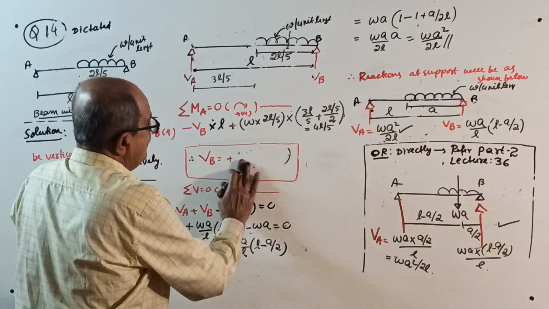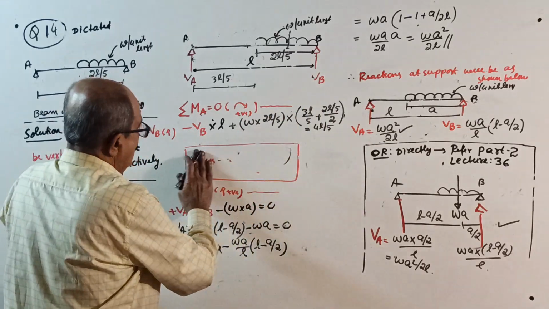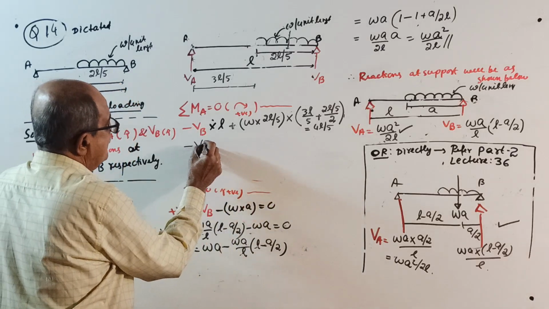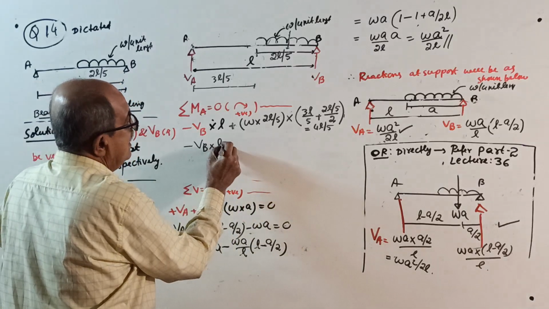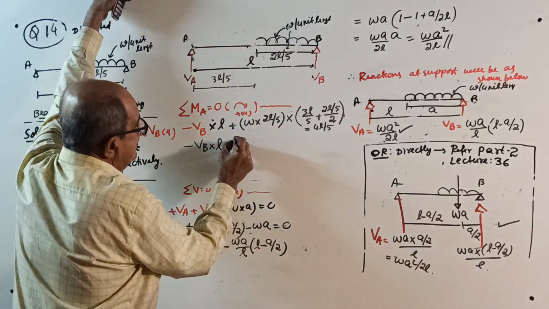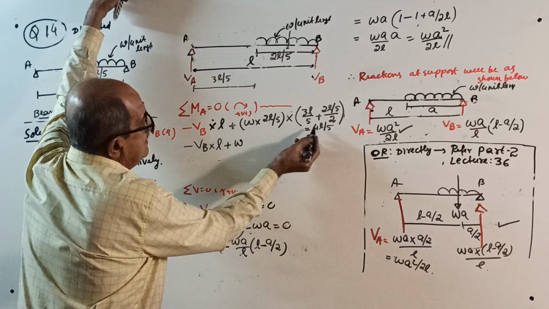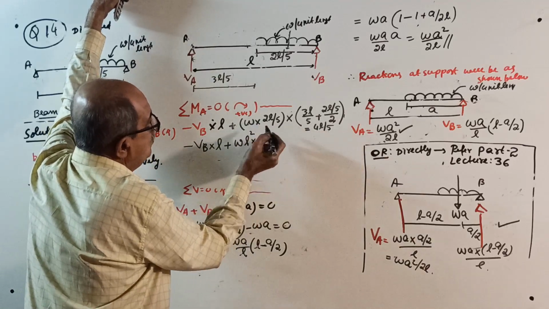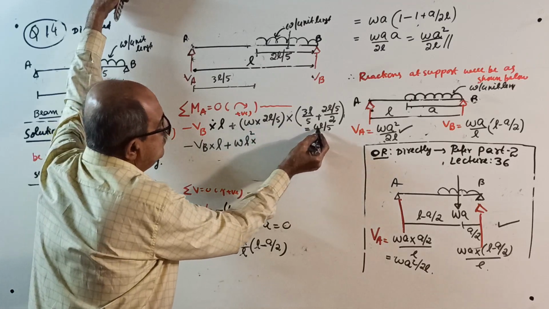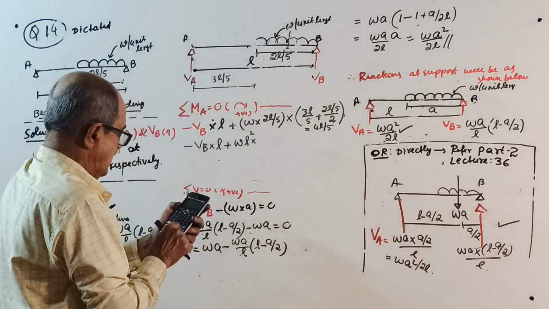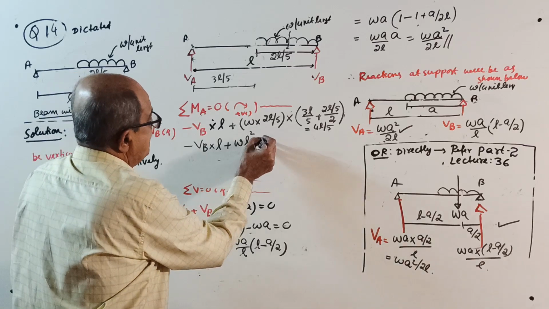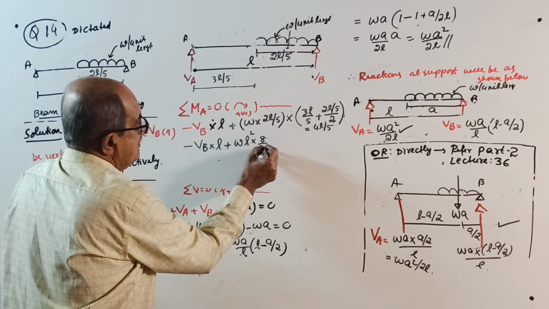So minus VB into L plus W into 2L by 5 into 4L by 5, that is WL square into 2 by 5 into 4 by 5, which will come 8 by 25.